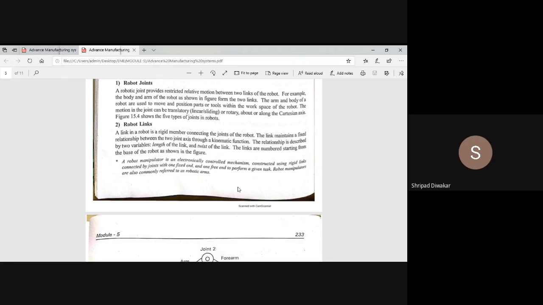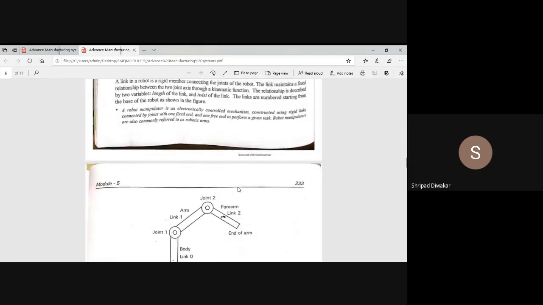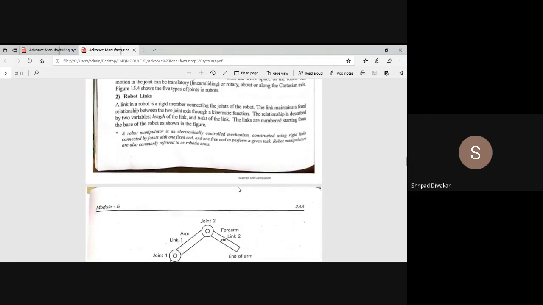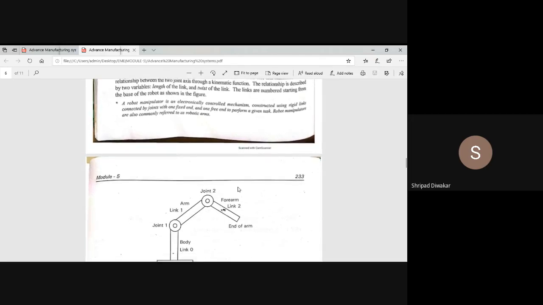Okay, next, links. A link is a rigid member. As I said, it connects the different joints, and this link is specified by two parameters. One is the length of the link.